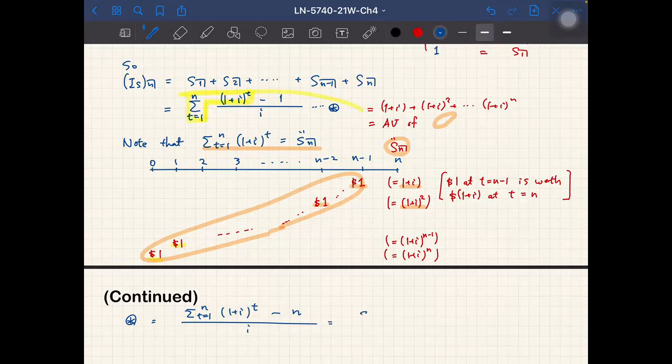The first term is s double dot angle n. So s double dot angle n minus n over i. So this is the (Is) angle n. And this is the end of the proof.